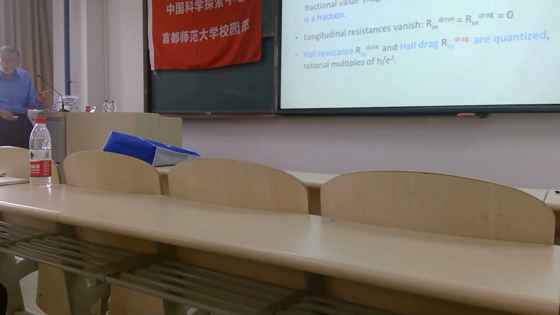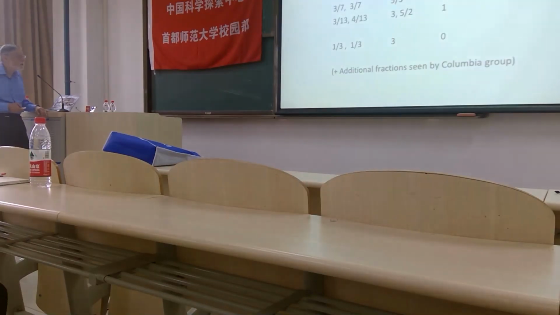They won't be the same, but they'll both be quantized. These are the most prominent fillings that have been seen, where these extra states have been seen with the Harvard group.